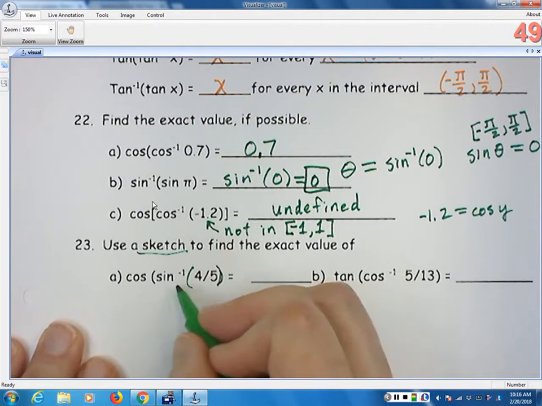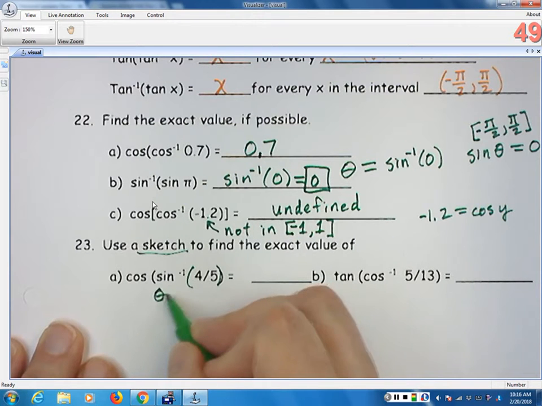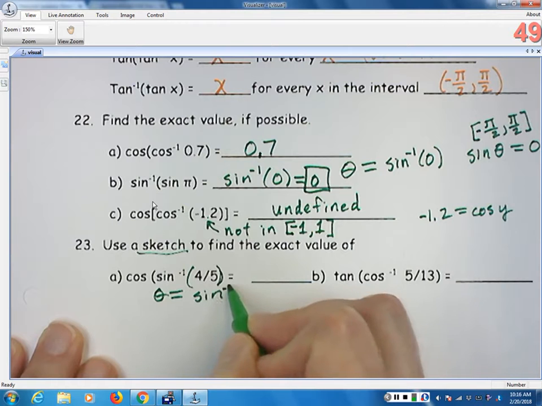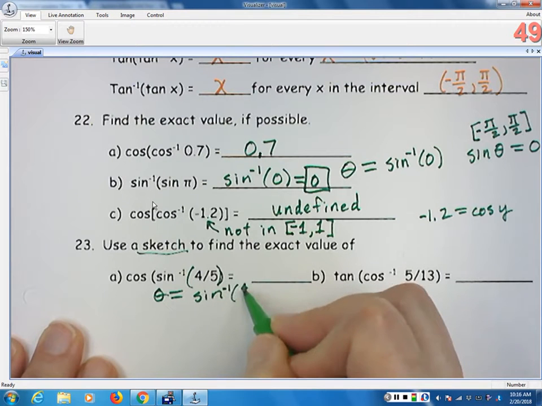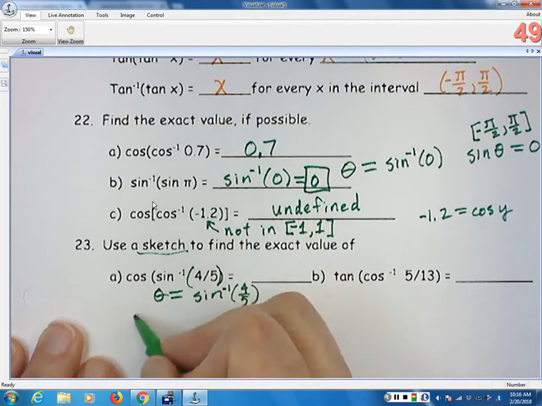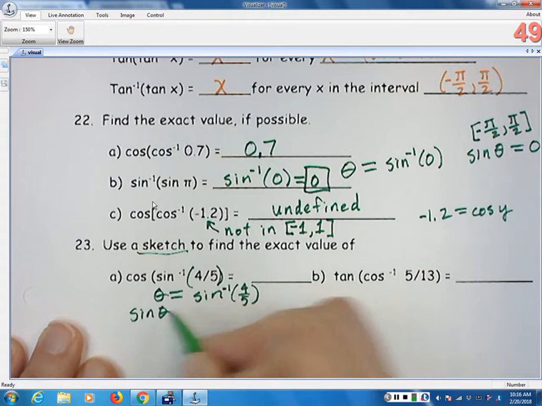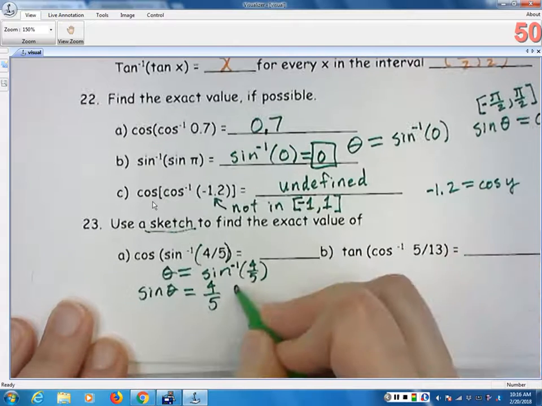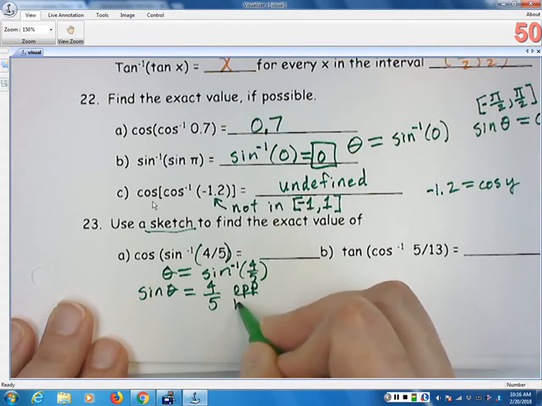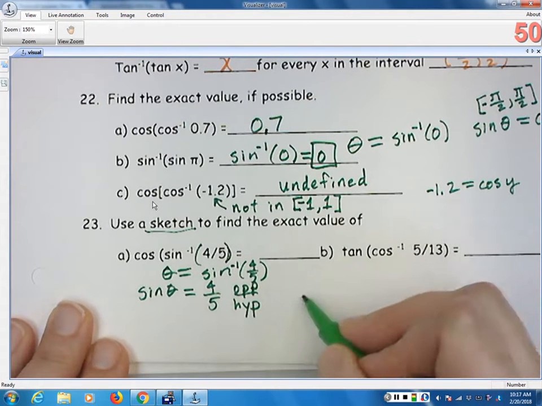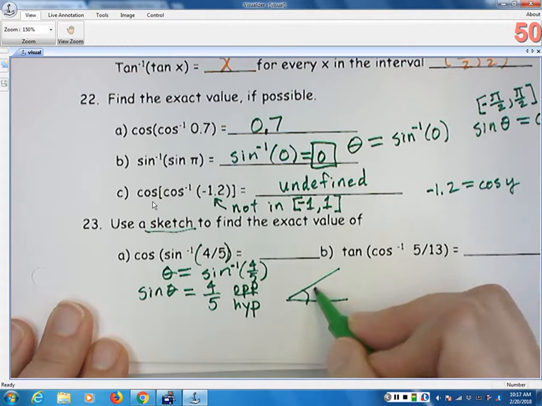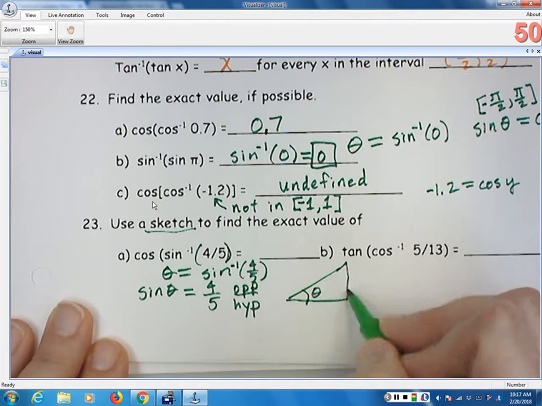What does this mean inside? This means theta equals inverse sine of 4/5, which means sine theta equals 4/5. Sine is opposite over hypotenuse. So we draw a triangle, make this theta, right triangle.